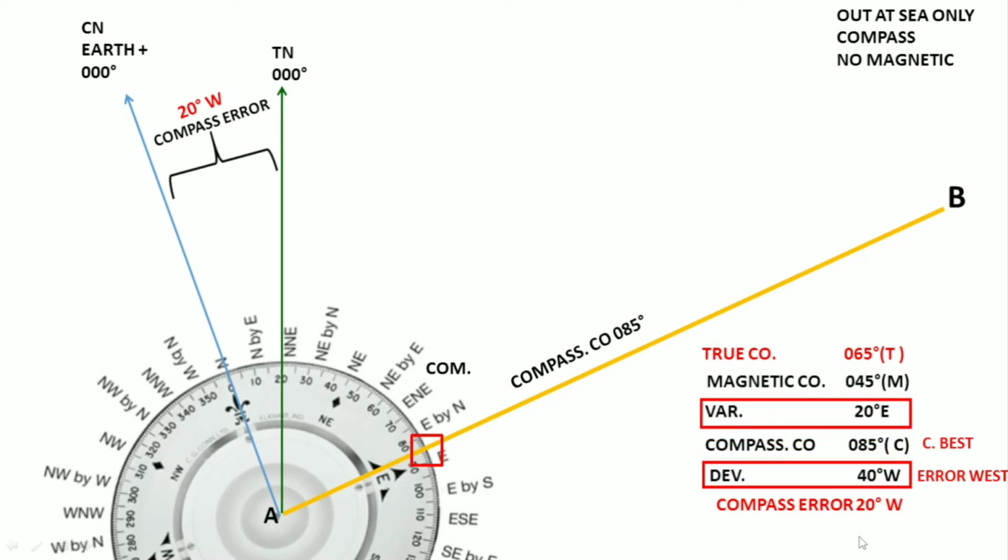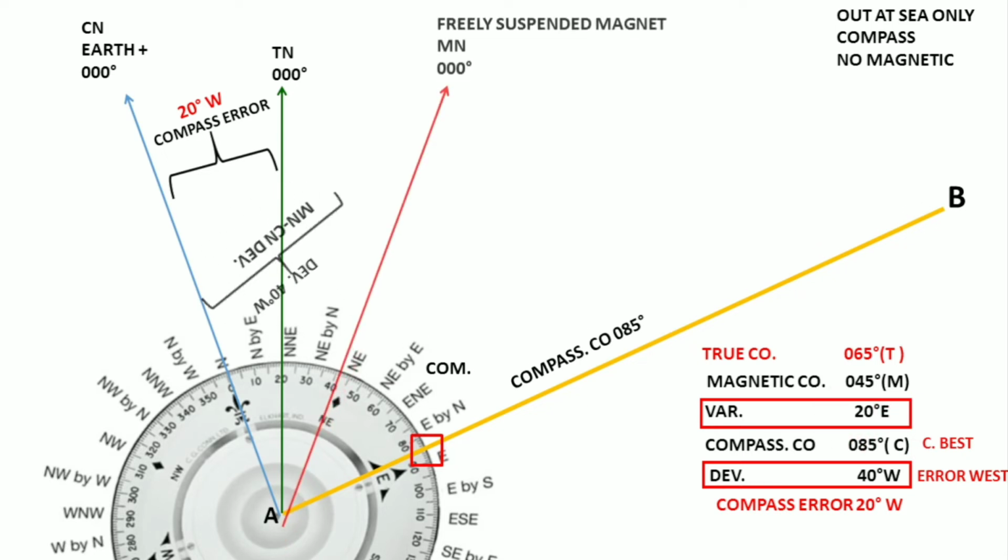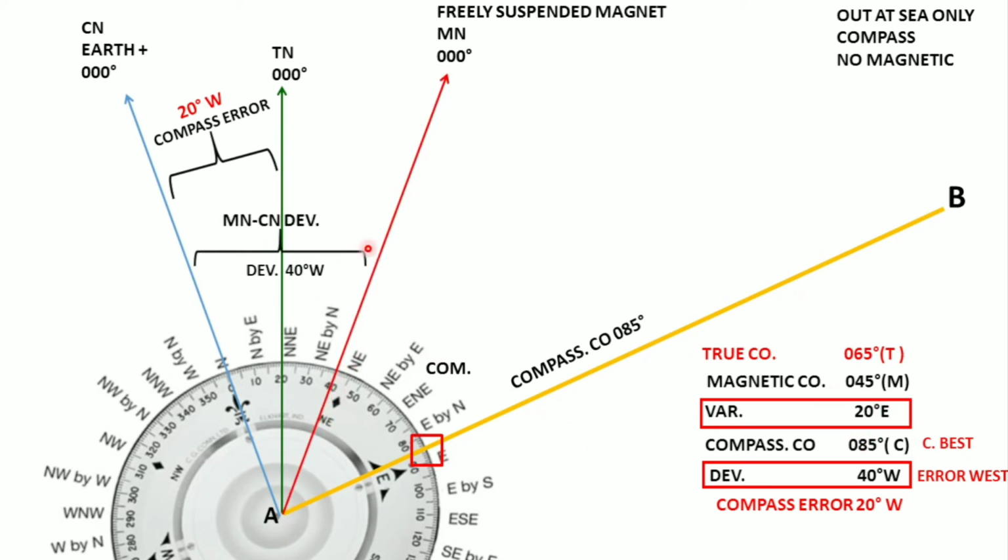If you remember, we calculated our variation as 20 degrees east and deviation as 40 degrees west. You can see that the compass error is deviation minus variation: the deviation between magnetic north and compass north, 40 degrees, minus variation.